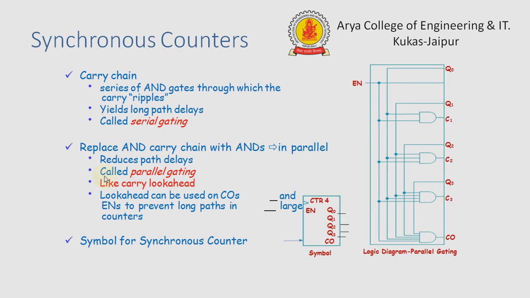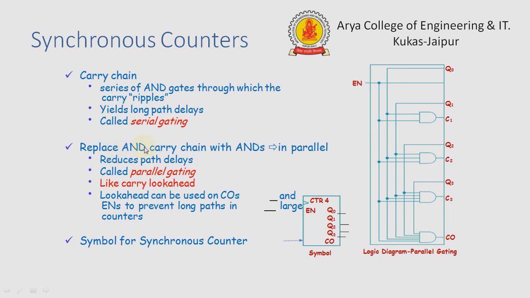So in the synchronous counter, here is a carry chain. A series of AND gates through which the carry ripples yields long path delays, so it is called serial gating. That means it removes the time delay of the previous type, the asynchronous counter, but there is still a series of AND gates where the carry ripples. So to remove this serial gating, we use parallel gating.